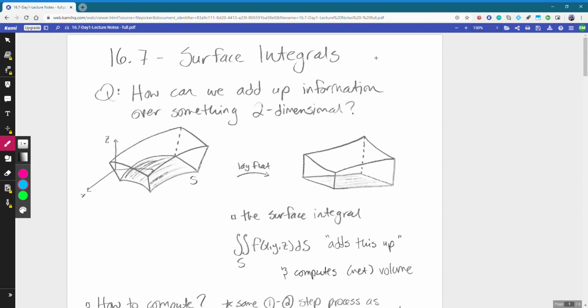Welcome back, everybody. Last time we thought about how we could get parameterizations for a surface.